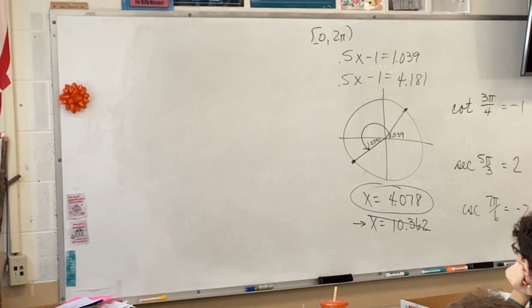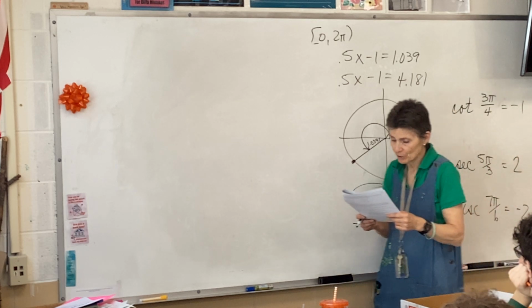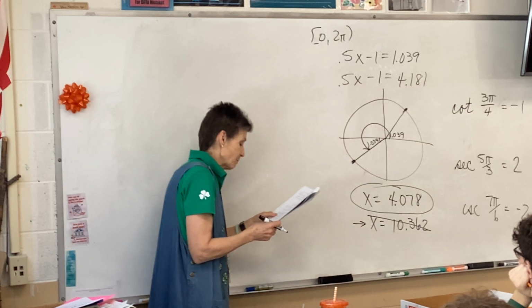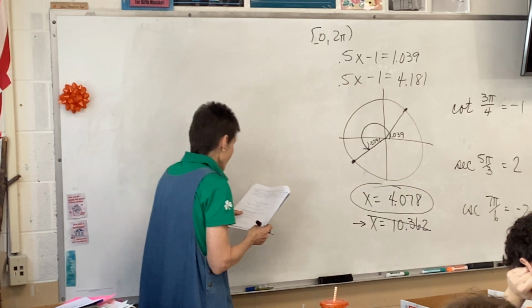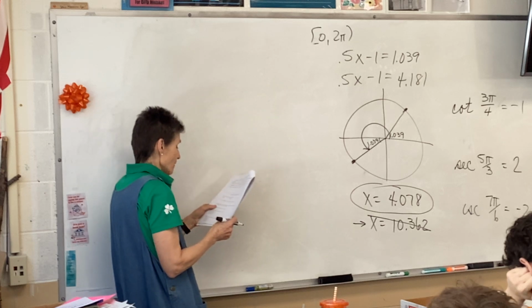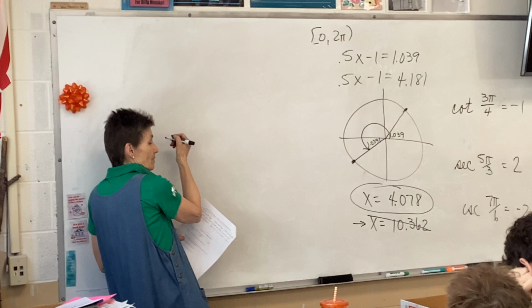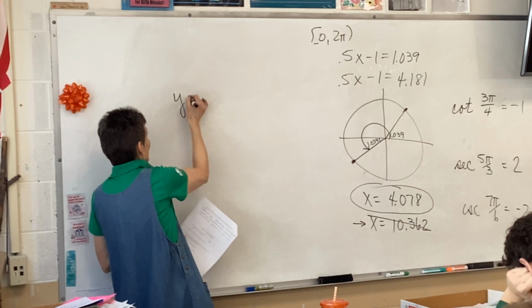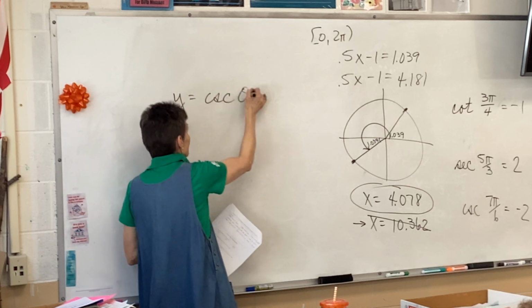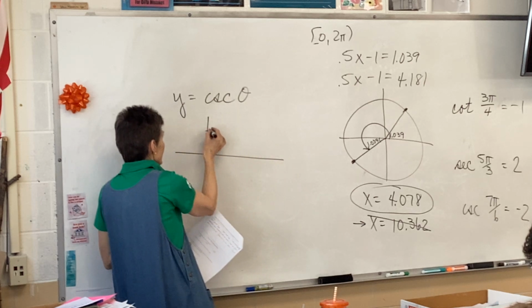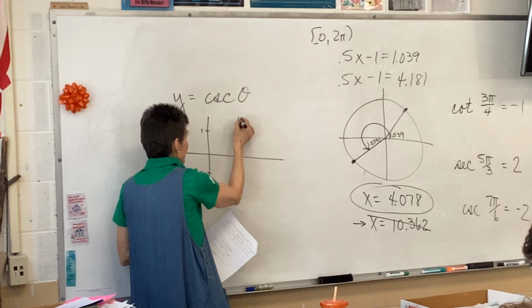The parent function, cosecant theta, is stretched by a factor of 2 and shifted up 5 units. Write an equation for this new function. Okay, so we got our regular cosecant function, and we just learned this, so I'm going to do a quick sketch here.